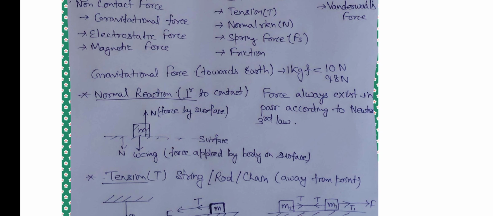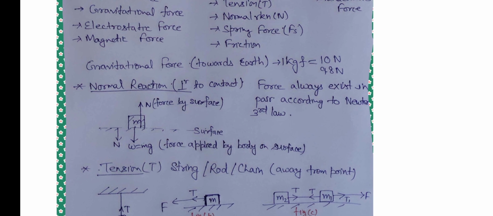This is called weight, where g is the gravitational acceleration. Now this is balanced by the normal, denoted by N, that is the force by the surface. So normal is N and weight is equal to mg. This is balanced, that is N is equal to mg, we can write that.